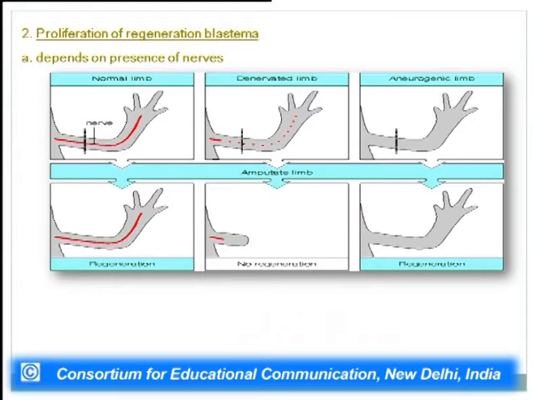So it depends upon the presence of the nerve. But the denervated limb, if the nerve was there but was removed, then the amputated limb cannot regenerate.